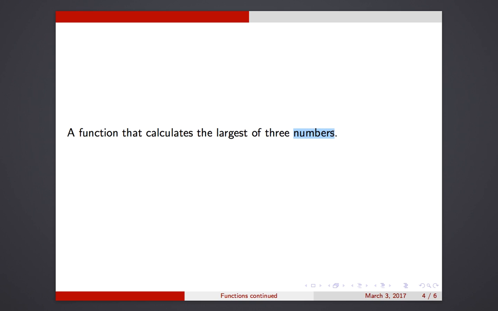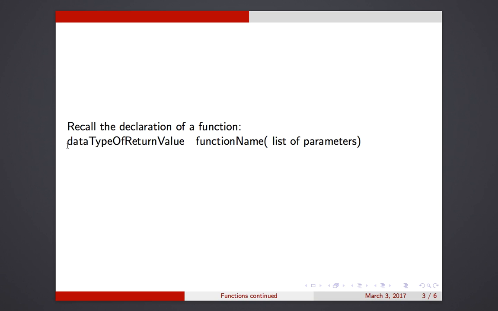Well, if you give it three integers, it's going to give you the largest of those integers back. So it's going to return an integer to you. In other words, the largest of three integers is again an integer. And then beyond that, we simply must give it a name. So we can call it largest. And now we have thought through everything here. We know it's going to return an integer. We're going to call it largest. And we're going to have to hand this function three integers.